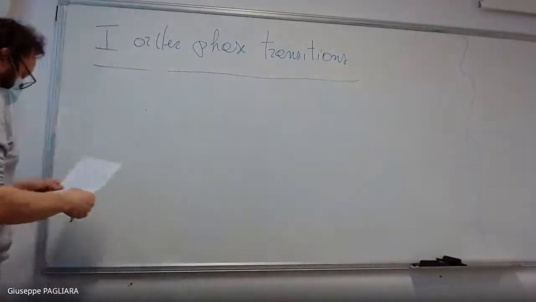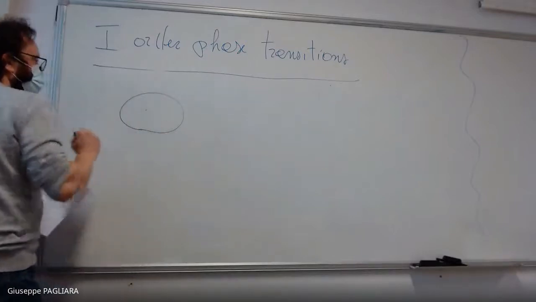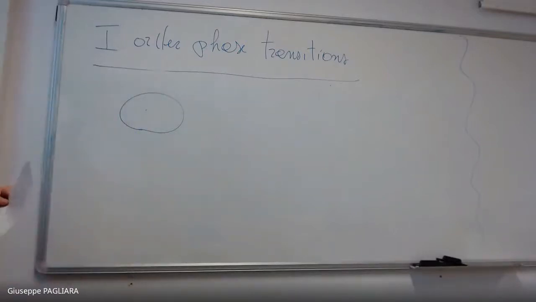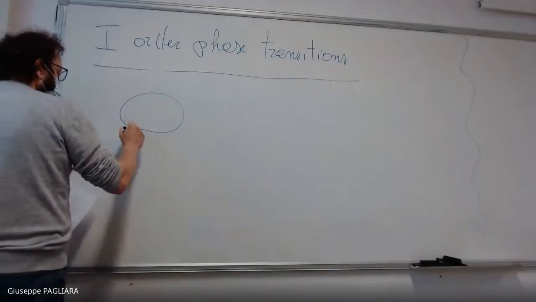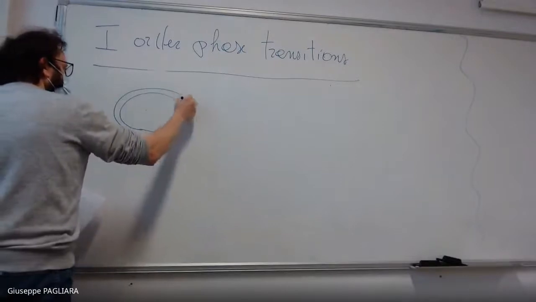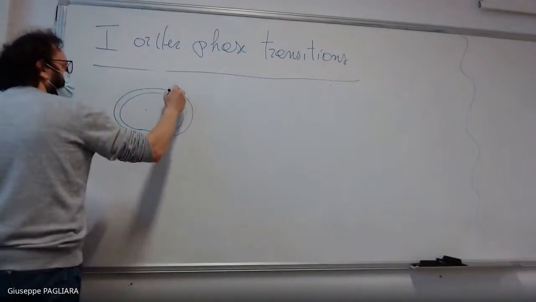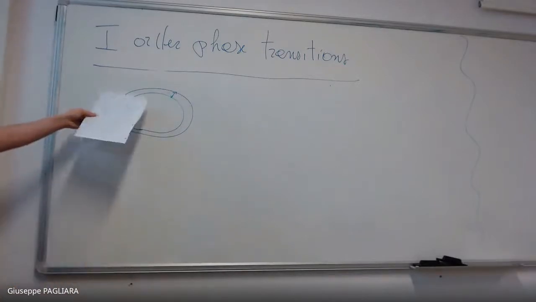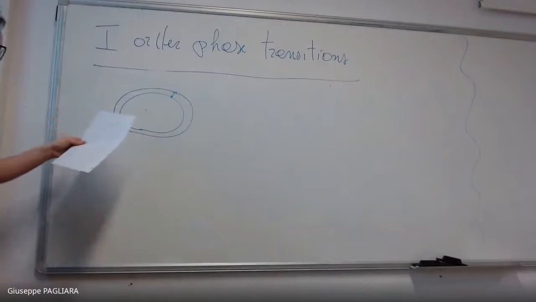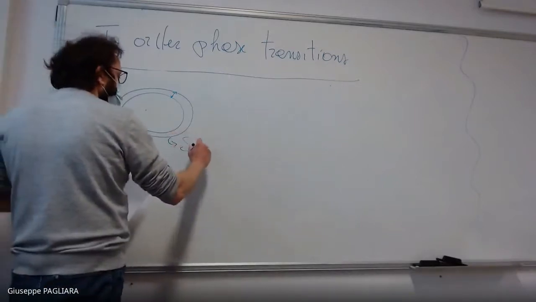So now let me make a drawing. Suppose that this is the volume occupied by the gas, or better to say the volume of the container. Let's introduce a layer close to the surface. Suppose that this is the surface.